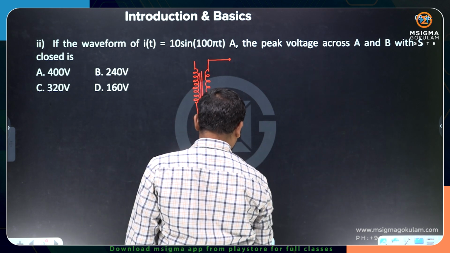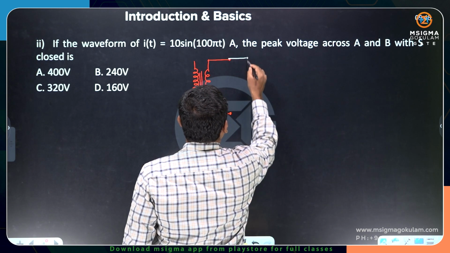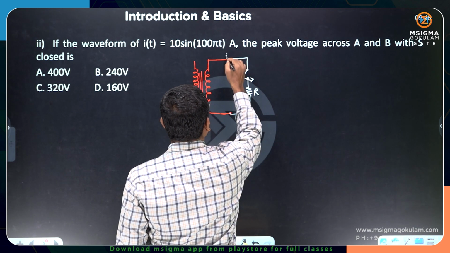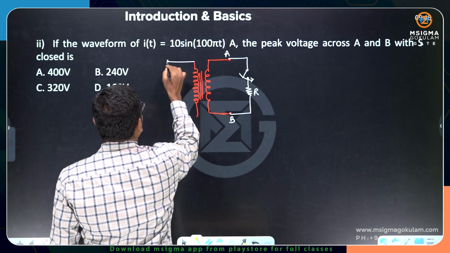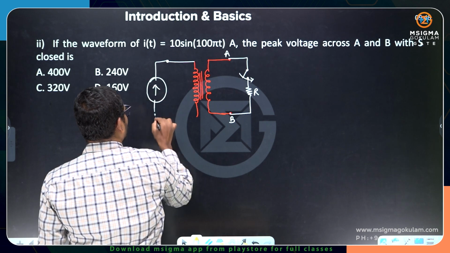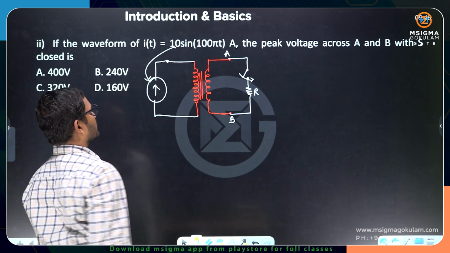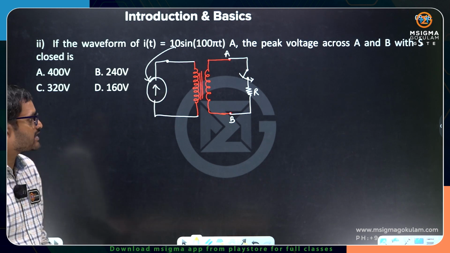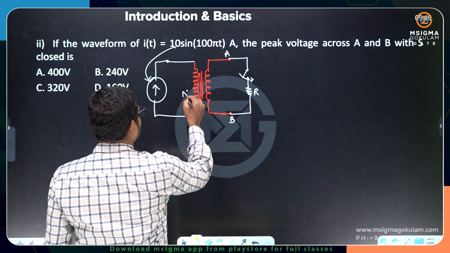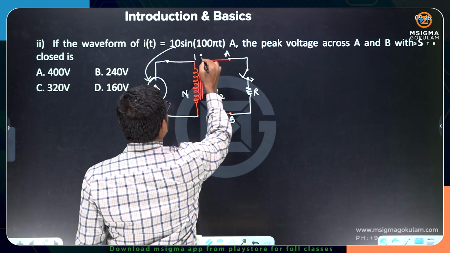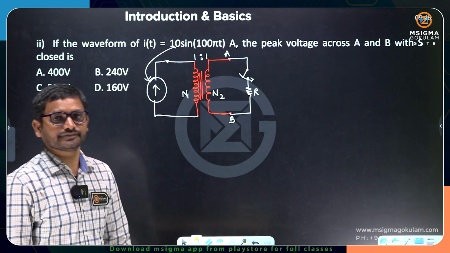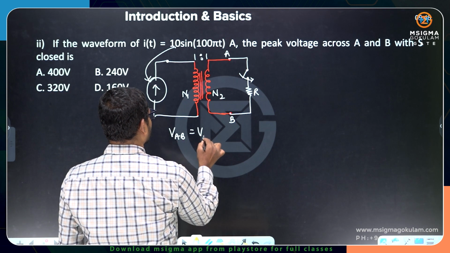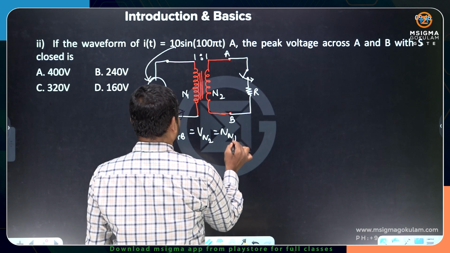Now if I close the switch, I have a resistor of some value, and he is asking, with the switch closed and this current source now sinusoidal, again the same formula. He is asking the voltage across AB, whether it is the voltage across N1 turns or across N2 turns, it will be the same because it is a 1:1 transformer. So the voltage across AB or across N1, N2, all are the same.